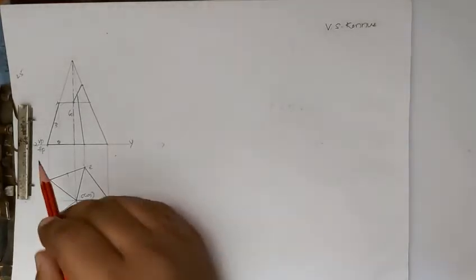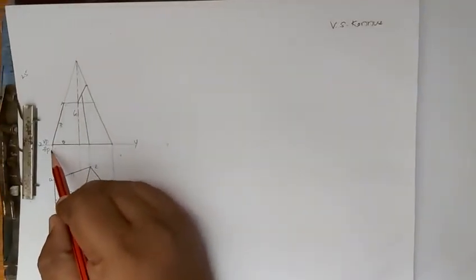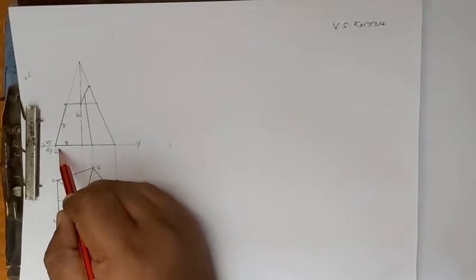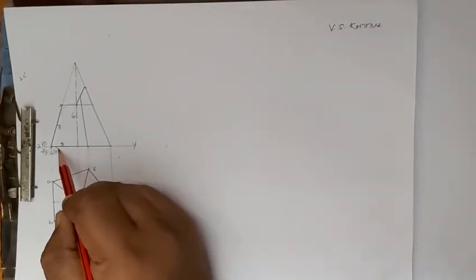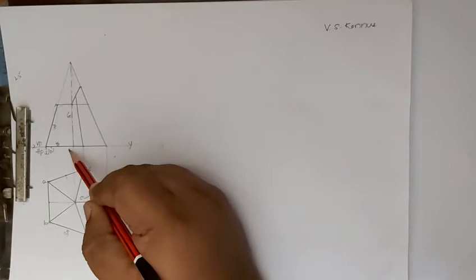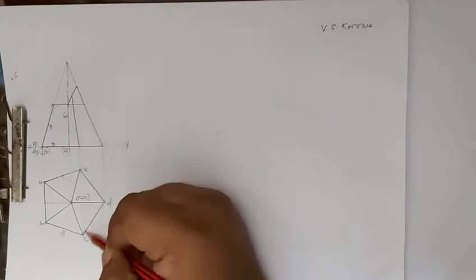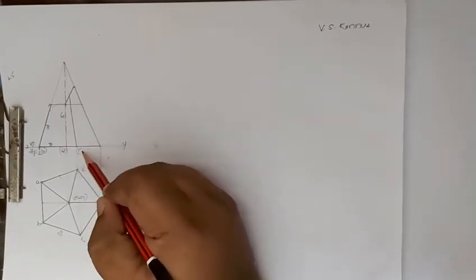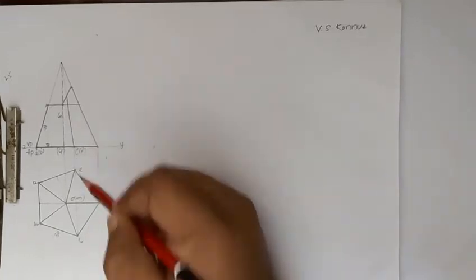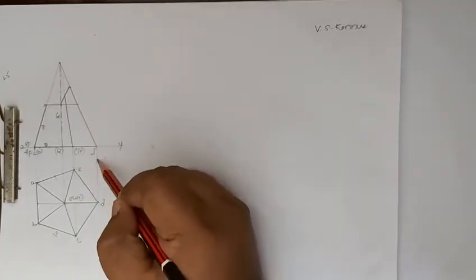O1, and we'll write here: point A is visible, B is not visible, B dash, here O1 dash, C is visible, C dash, E dash, and then D dash. We'll give arrow marks.